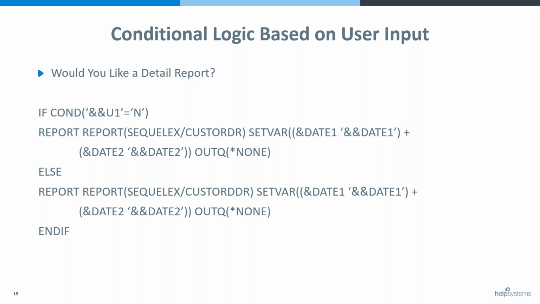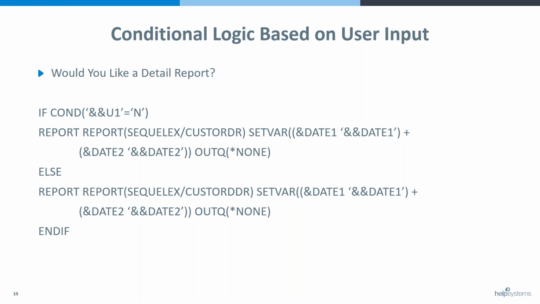Now let me explain on this condition statement with this variable what's going on there, because it looks like I've got way too much going on. And the variable name is just &U1. And again, that will either be a Y or an N. Because that is a character constant, we need to ensure that that is enclosed in quotes within our script.